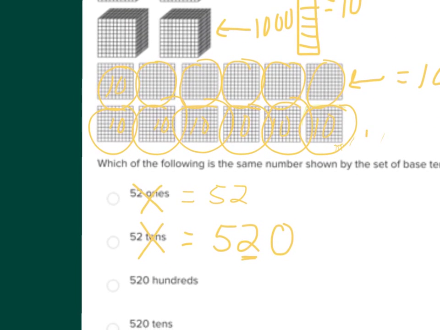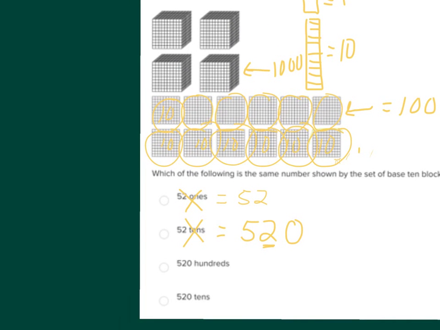Let's take a look at our answer. We have 12 so far. Plus we have these thousands up here. How many hundreds are those? Every 1,000 is worth 10 hundreds.